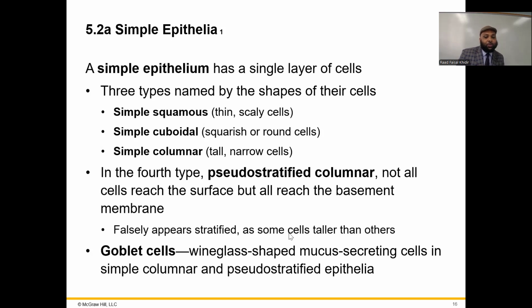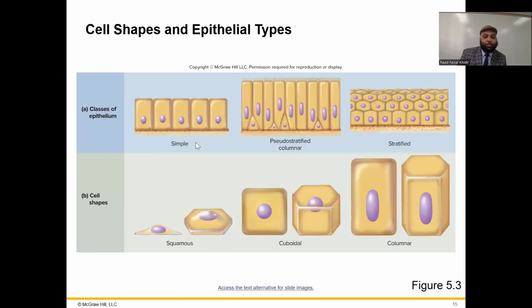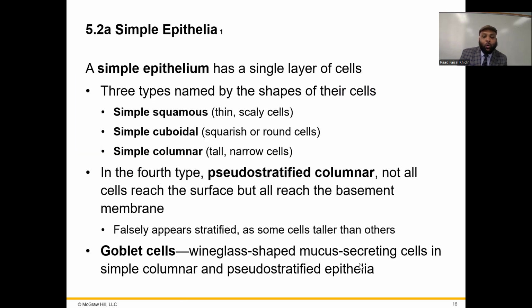They are wine glass shaped and they produce mucus. What do the goblet cells do? They produce mucus. That's why you're going to find them all the time where?